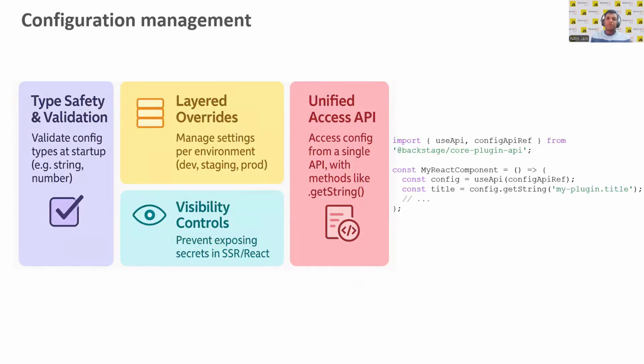So how is this going to work? For configuration management, the benefits you will get from this approach are type safety. You avoid exposing secrets to the front end. You get one single API to read configuration.